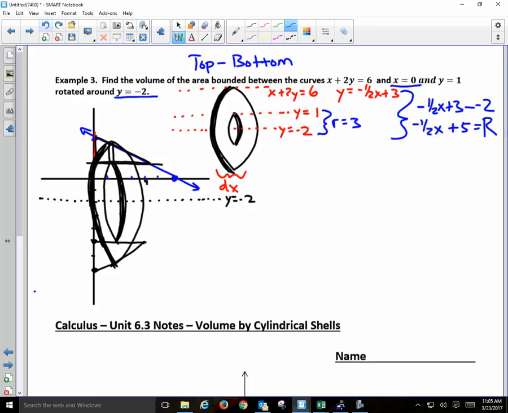Okay with that? All right, let's then write an expression for the volume of one of these shapes. Pi times big R squared, or negative 1/2 x plus 5, that quantity squared, minus, what's little r? Squared is 9, dx.